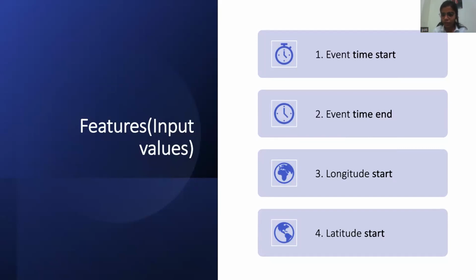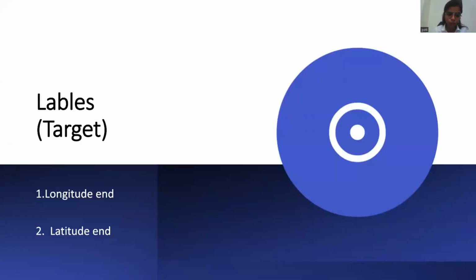First one is event time start, event time end, longitude start, and latitude start. These four are the feature values, or input values, that we will give to our machine, and our machine will give us some output. There are two target values, one is longitude n and one is latitude n.